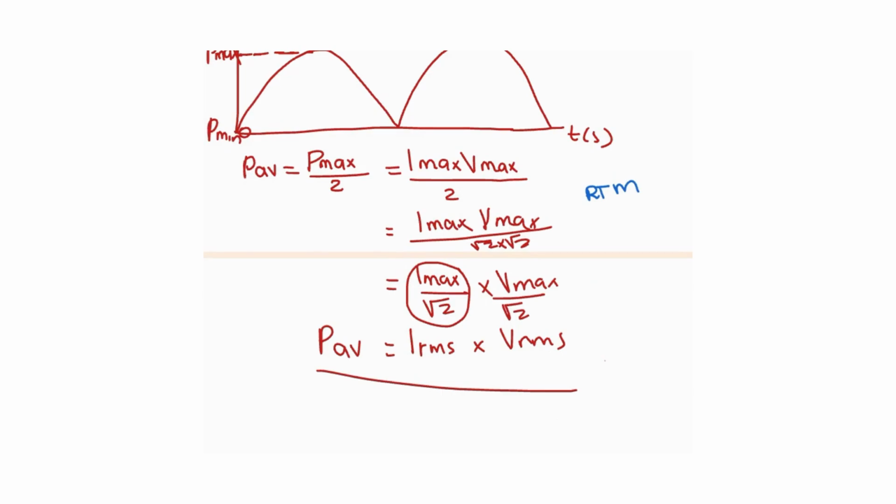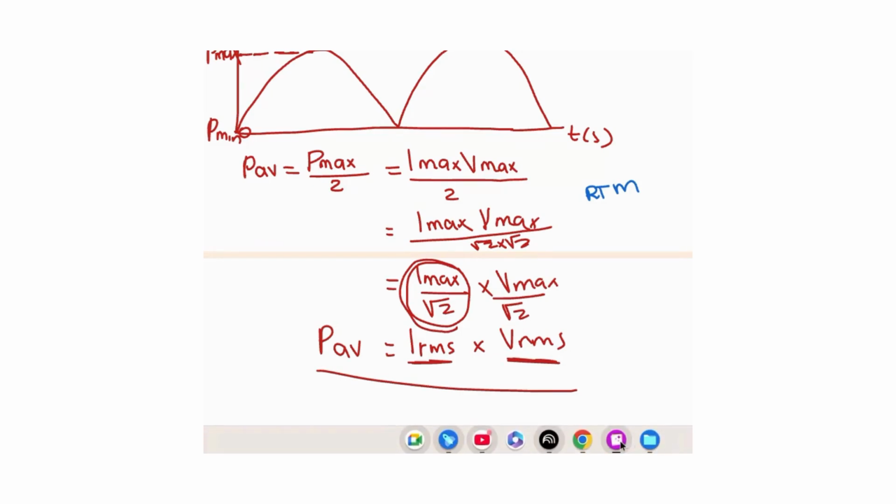Okay, so that is the formula that we're going to use to calculate average power. And if you want to calculate current root mean square, it is equivalent to current max I max over square root of 2. Voltage root mean square is equivalent to V max over square root of 2.